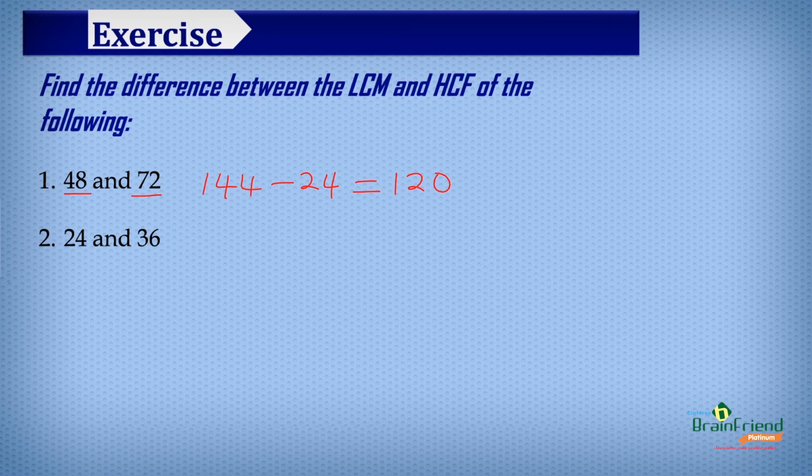So the answer to this question, if you solved correctly, is 120. And for number 2, the LCM is 72 and the HCF is 12. When you take their difference, you would have 60. If these were your answers, you are correct.